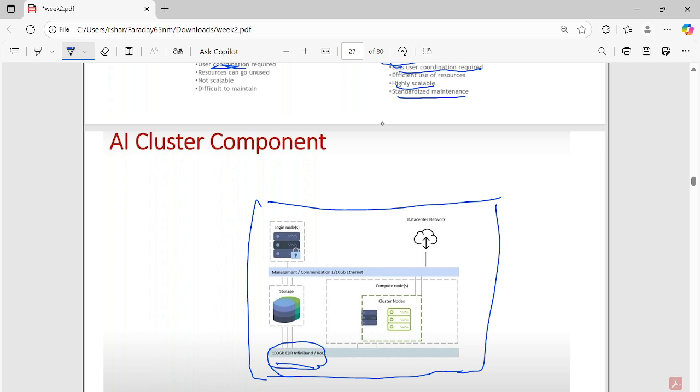Say we have X number of them, and all these nodes are connected to each other via a high speed network such as InfiniBand. We spread our work across those nodes and accumulate the resources using this high speed network.